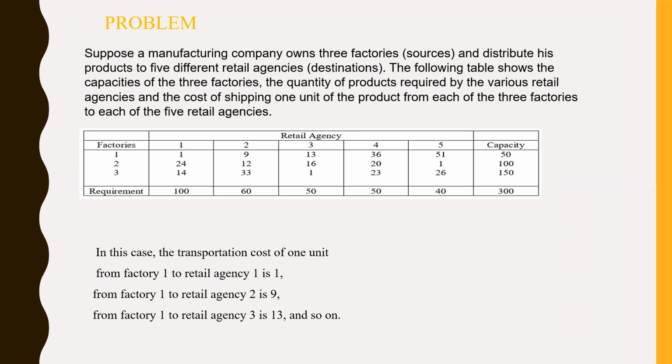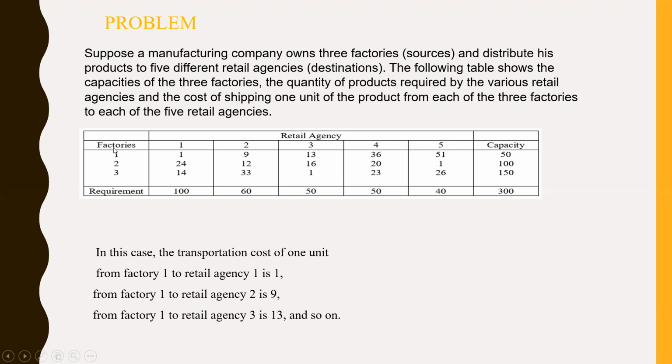For 1 to reach 4 it is 36. F1 is the factory, and a retail agency can be known as a destination also. So we can write retail agency 1 as D1, retail agency 2 as D2, retail agency 3 as D3, retail agency 4 as D4, and retail agency 5 as D5.